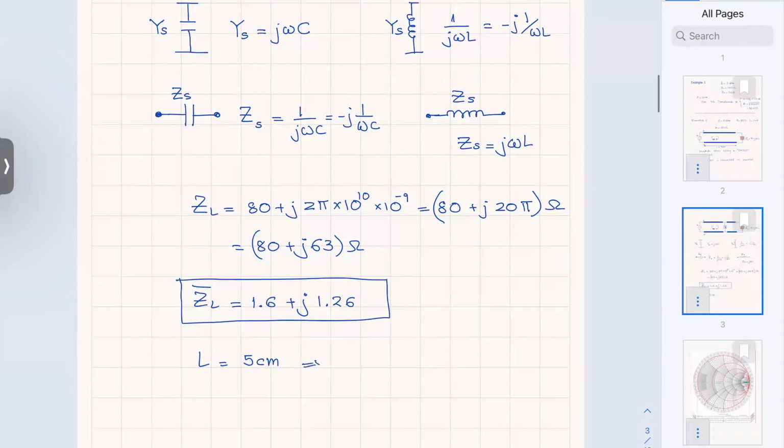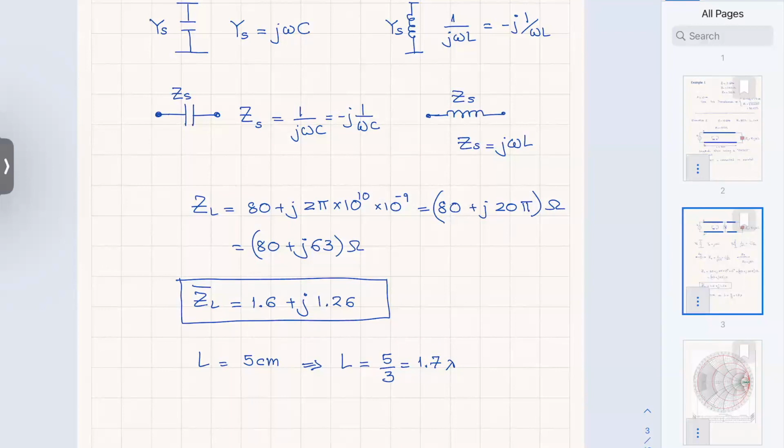So L is going to be 5 divided by 3, which is 1.66, I think. Anyway, say 1.7, just to round up things, I don't like long numbers. So 1.7 lambda.